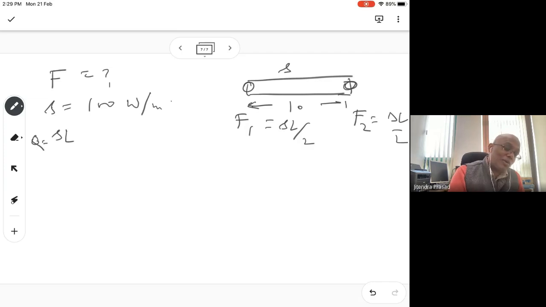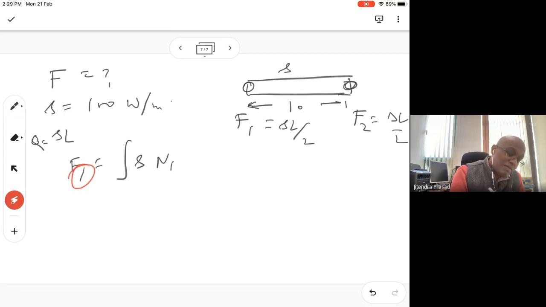Otherwise, if you want to go the long way, we will do S and then it will have N1. So F1 for the element number 1, so this is F1,1. F1,1 will be the integral of S N1 dx from 0 to 10.